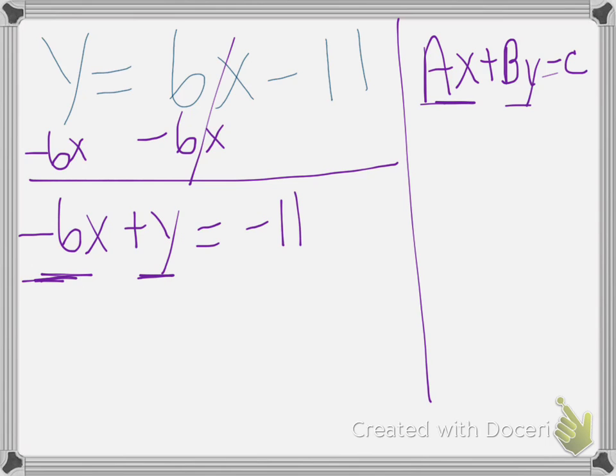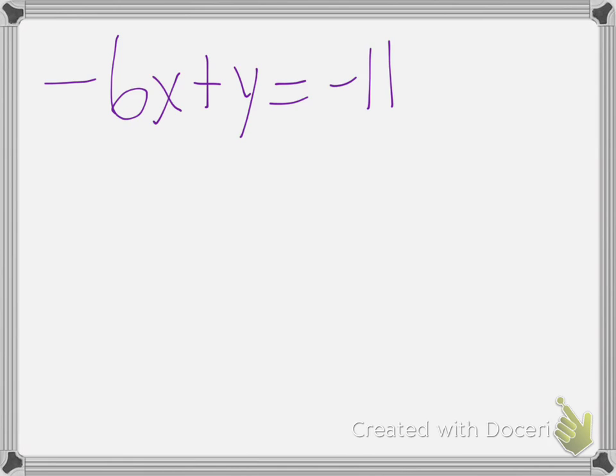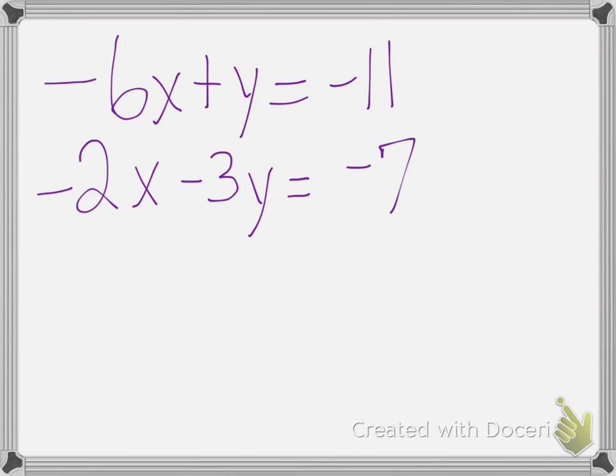Now the x is first, which is good. Then the y, and then the number all by itself, the c. So that's good. So now we have the two equations to be like this. Negative 6x plus y equals negative 11 and negative 2x minus 3y equals negative 7.